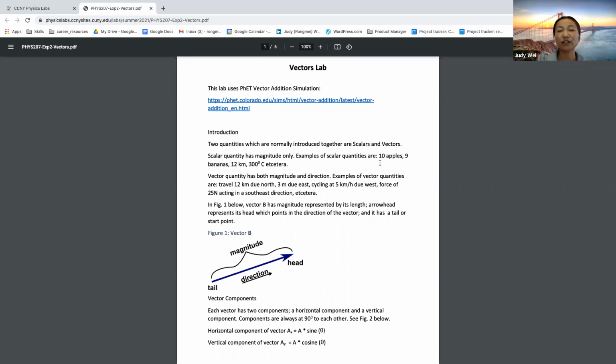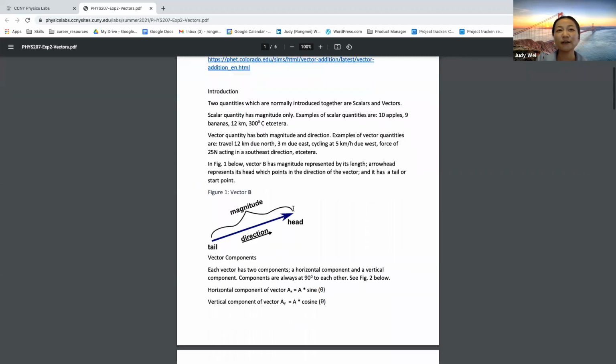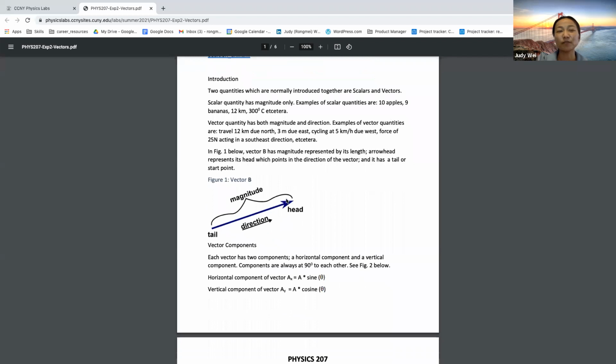Vectors are very similar to scalars, but a vector also comes with a direction. When we say a direction, we say something like due north, or we indicate the direction. That's the only difference between scalars and vectors.